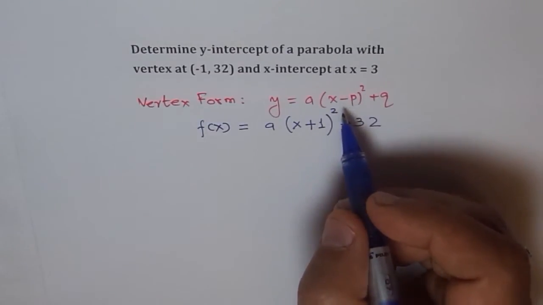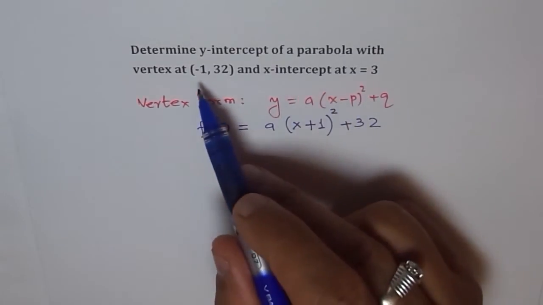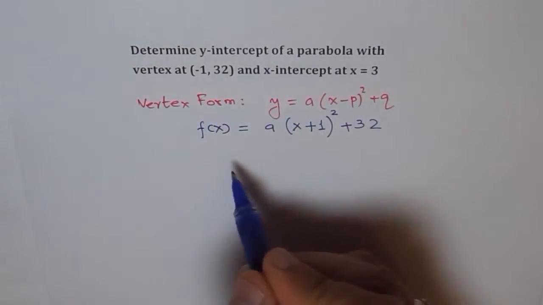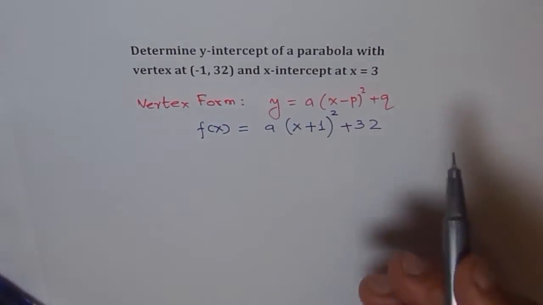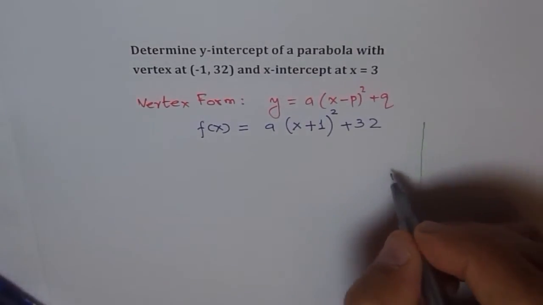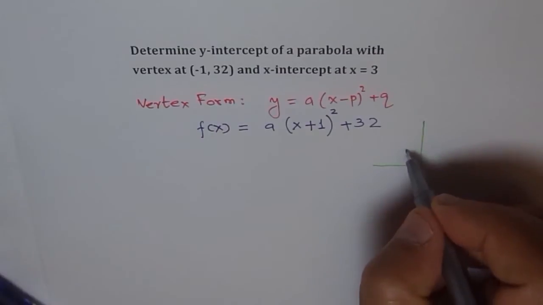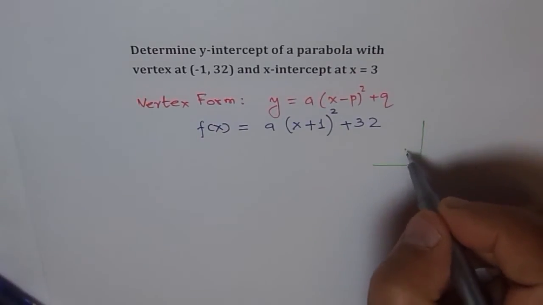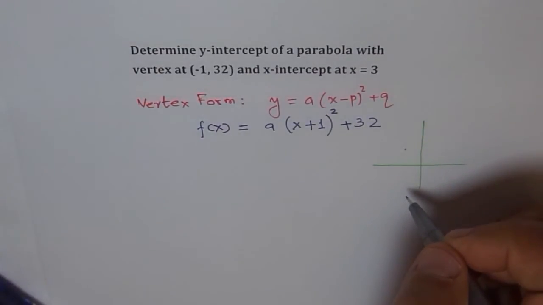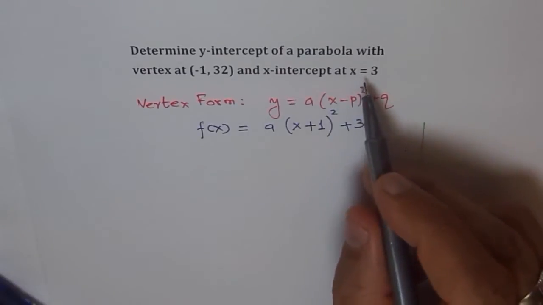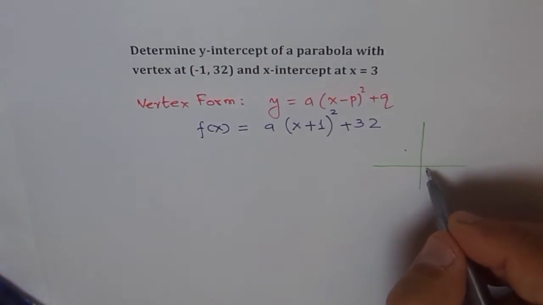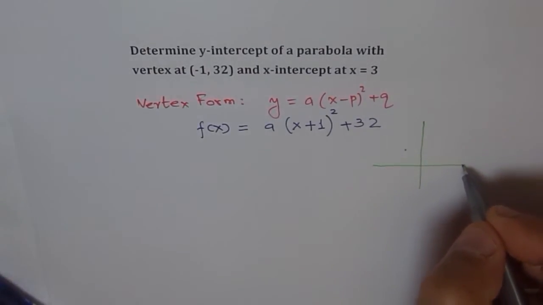So this parabola has a vertex at (-1, 32). Let me show you here. So at -1, let's say this is the point 32. Here is your vertex, and the x-intercept is at x equals 3 somewhere. Let's say x equals 3 is somewhere there, right?